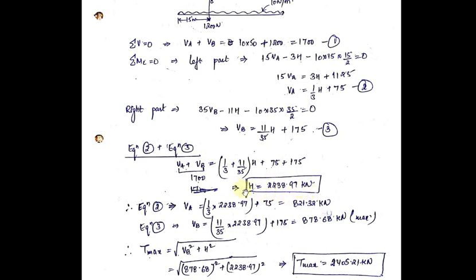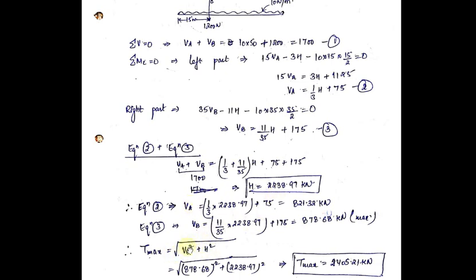After getting the value of capital H, we can easily get the values of VA and VB. So VA will come out to be 821.32 kilonewtons and VB will come out to be 878.68 kilonewtons.